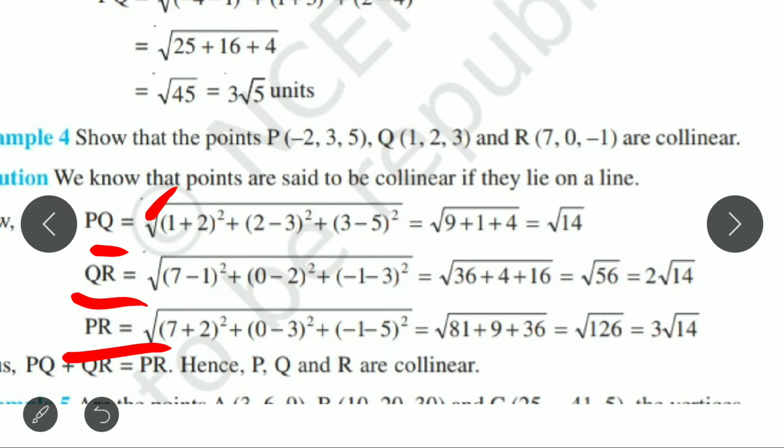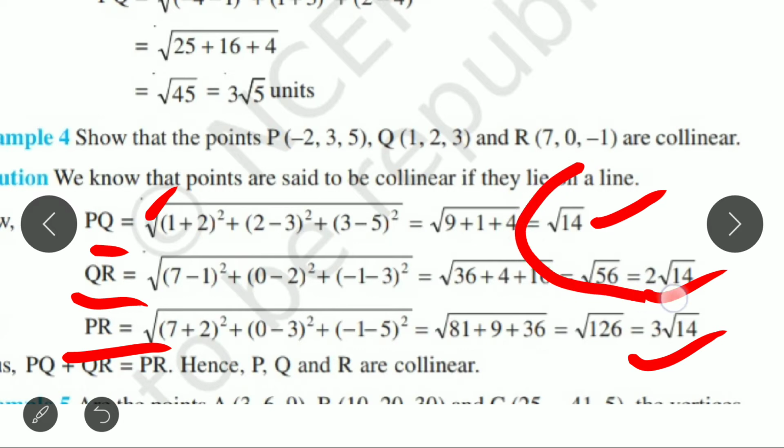PQ using the distance formula, you can see we are getting root 14. QR after using the distance formula we are getting 2 root 14, and PR after using the distance formula we are getting 3 root 14. Now what you have to do after calculating PQ, QR and PR is check that the sum of two distances will be equal to the third one.